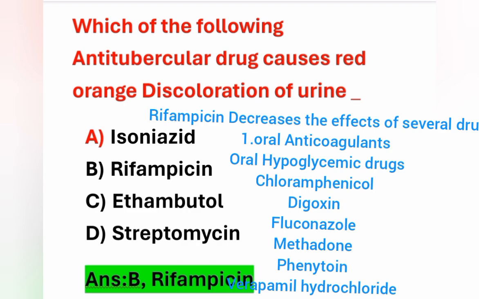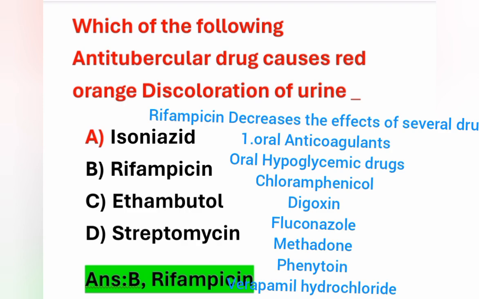All are side effects of rifampicin, and rifampicin decreases the effect of some other medications. If the patient is taking these medications, rifampicin decreases their effect. What are the medications?